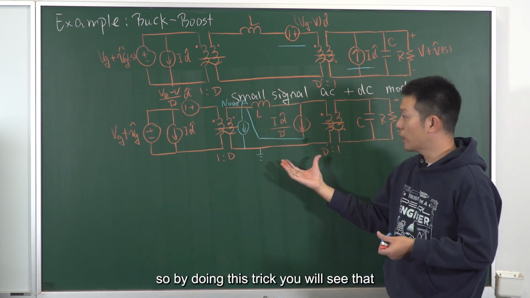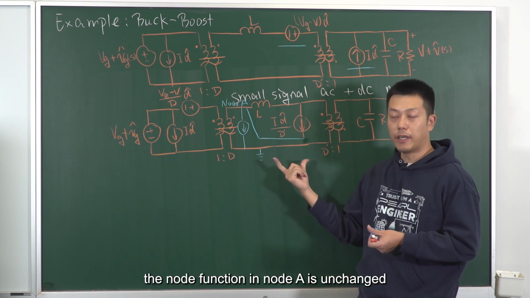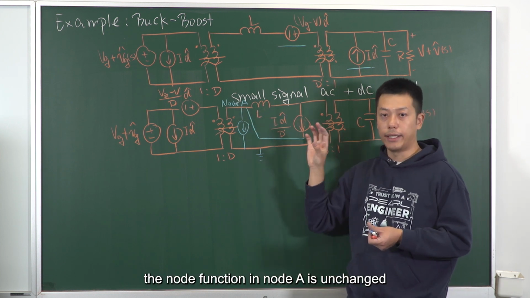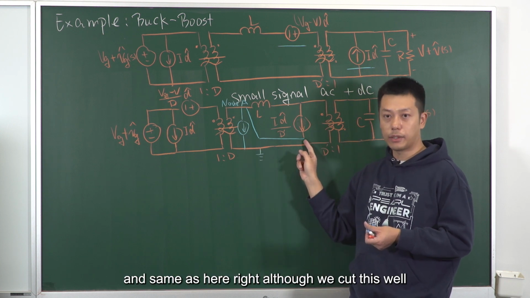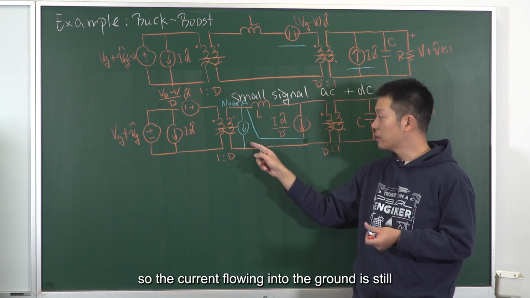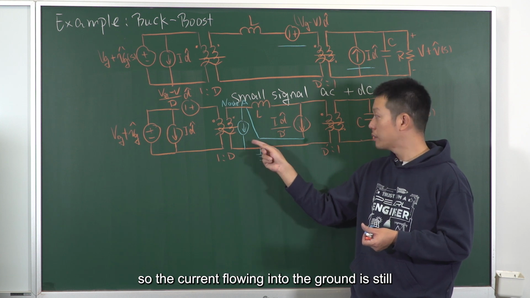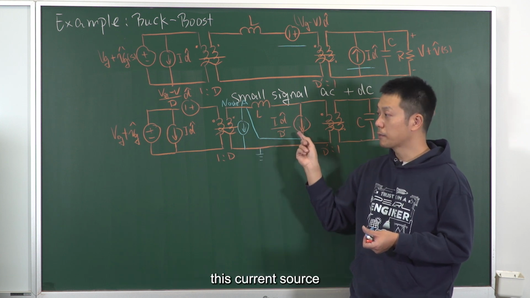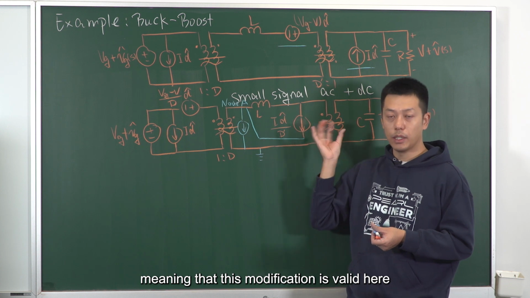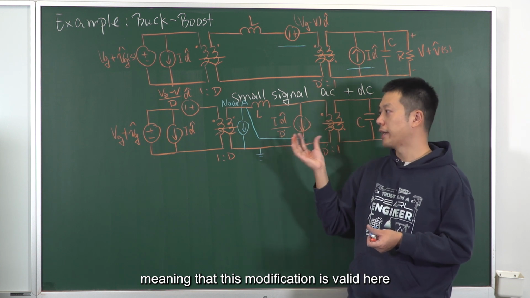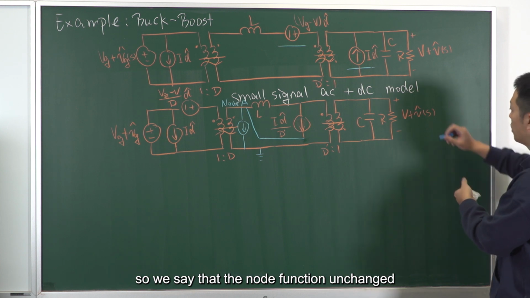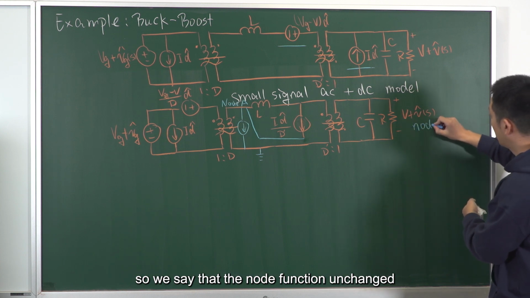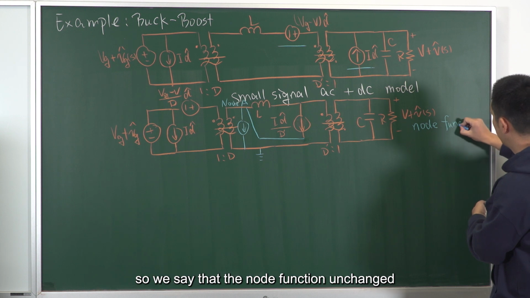By doing this trick, you will see that the node function at node A is unchanged. Although we cut this wire, we add one here, so the current flowing into the ground is still this current source, meaning that this modification is valid. So we say that the node function is unchanged.